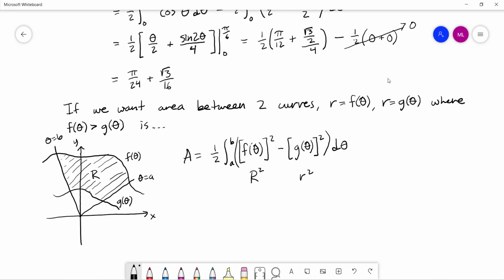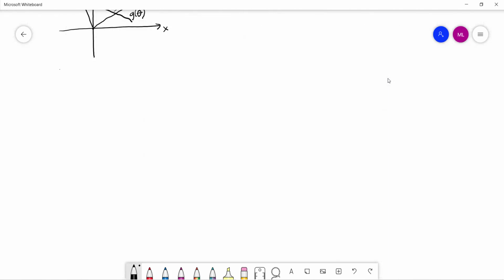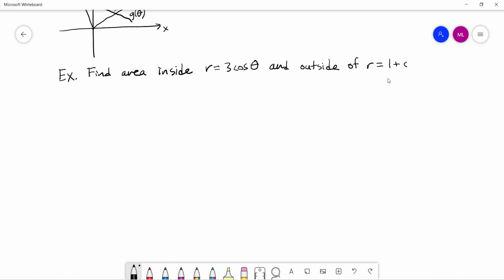Okay, so for example, to put this to use, what if I wanted to find the area inside of r equals 3 cosine theta and outside of r equals 1 plus cosine of theta.